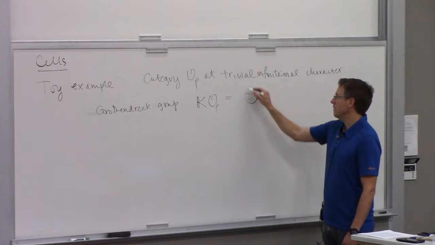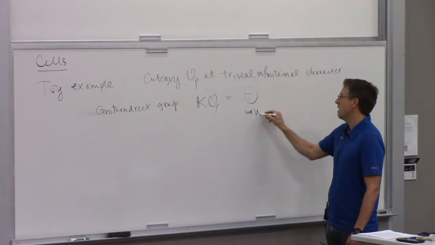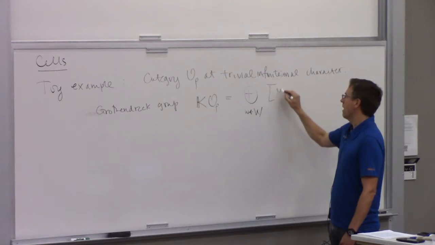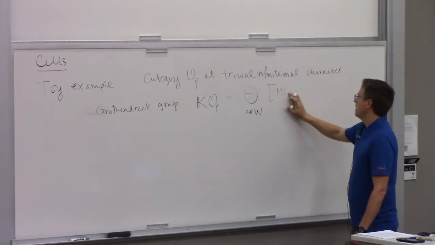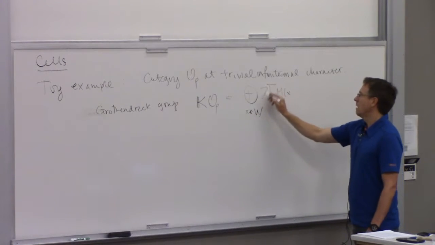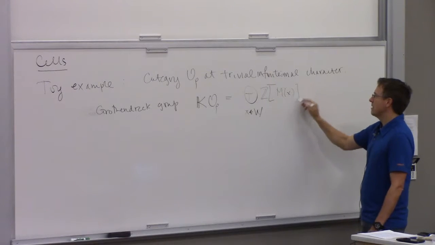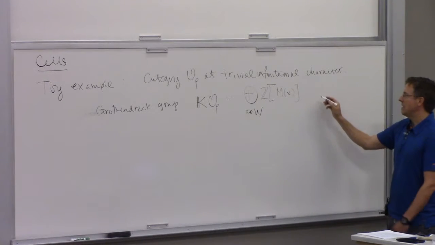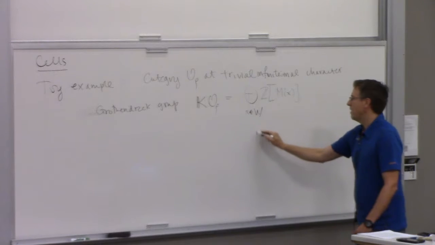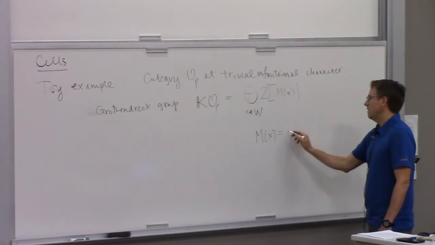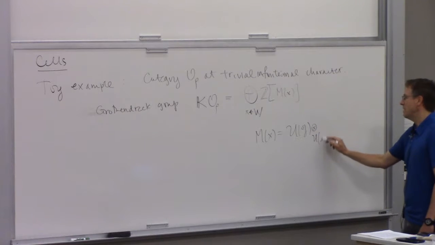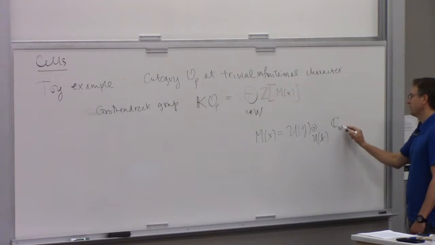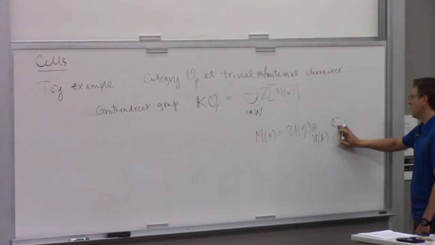So let me just introduce the notation. Maybe I'll use X here. So the integral Grothendieck group is the span of the Verma modules. Here, M of X is U of G, tensor U of B, X row minus row.